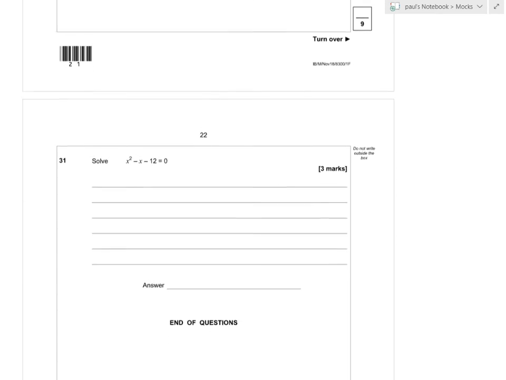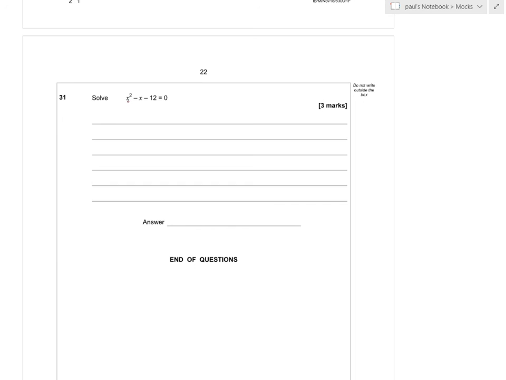Oh, we're on to question 30. Oh, it's the last one. X squared minus x minus 12. So we've got to find out what x is. So can we factorize this? Yeah, so x and x. Now, minus. So we've got two things that make factors of 12 that have a difference of minus 1. So it's 4 times 3.